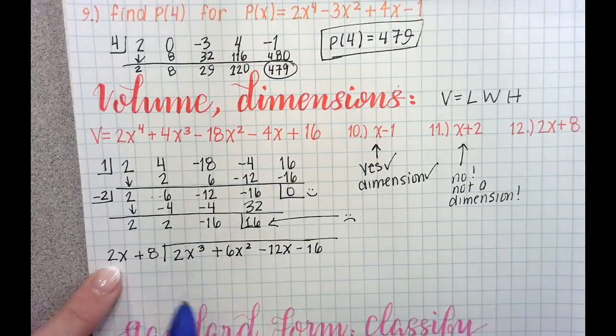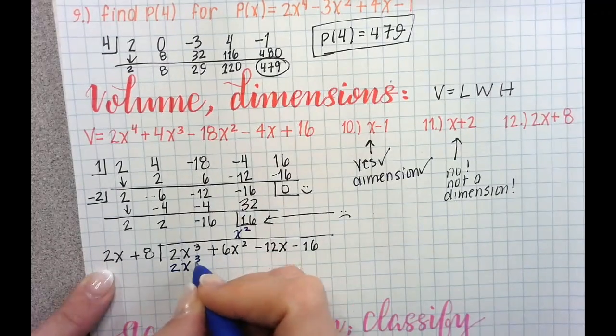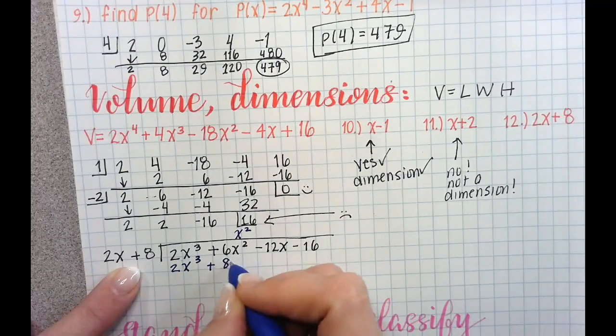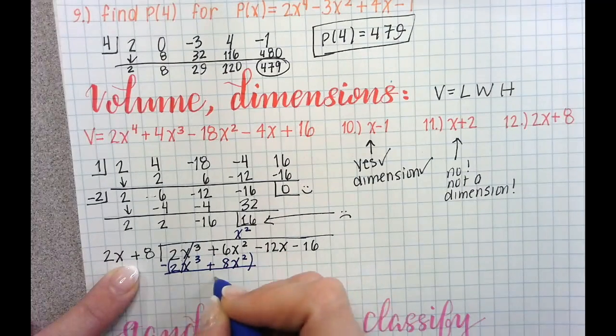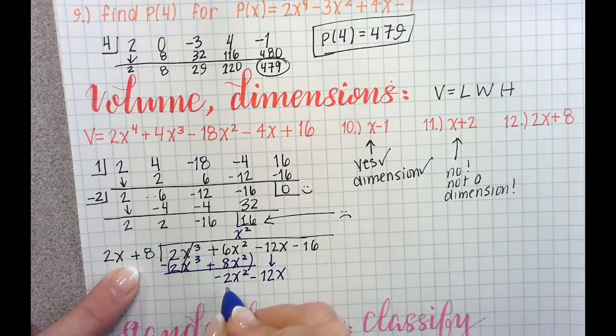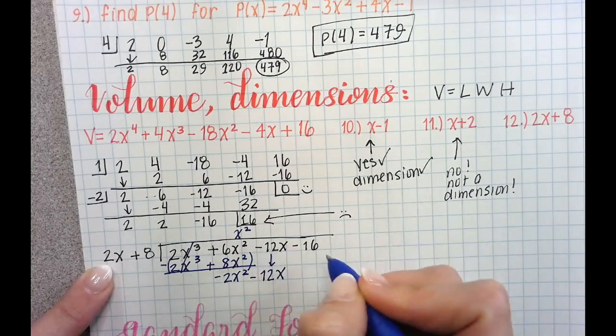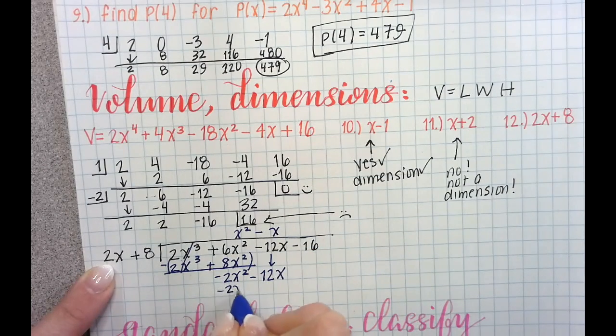What's 2x cubed divided by 2x? X squared, multiply it right here. 2x cubed plus 8x squared, minus sign, underline, cancel. That's going to be a negative 2x squared minus 12x. Negative 2x squared divided by 2x is negative x times this.